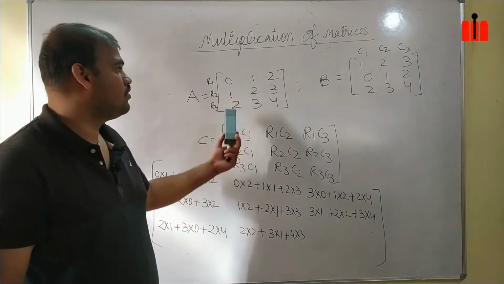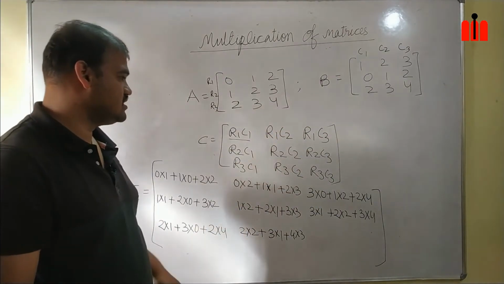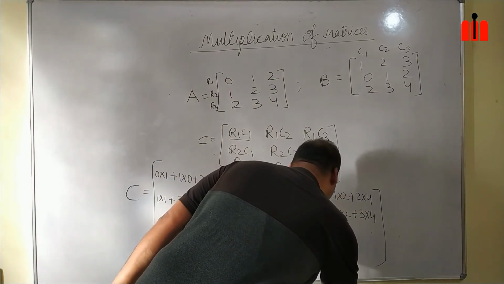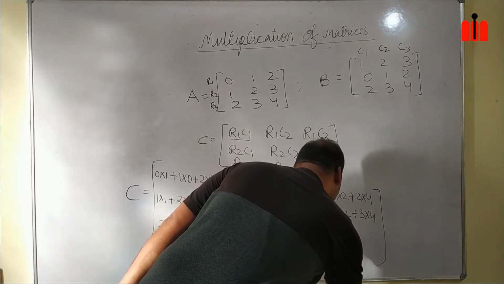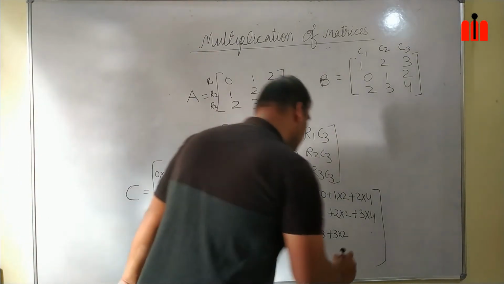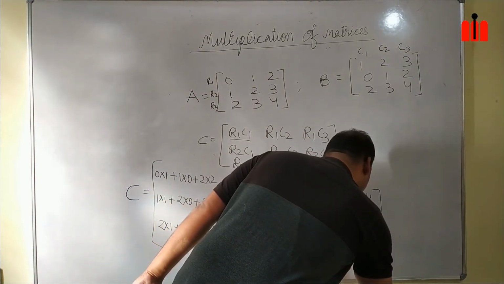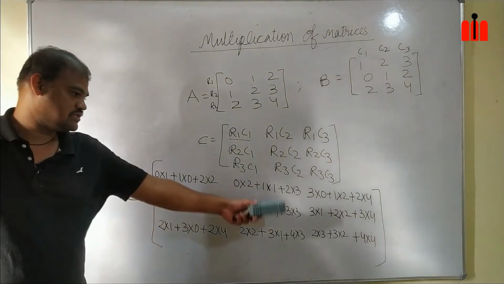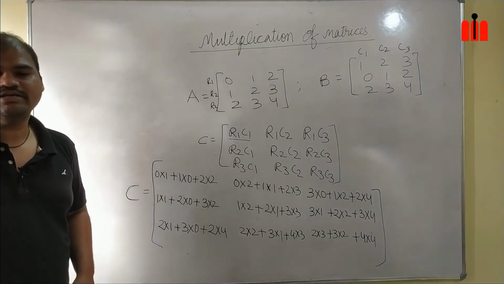Okay, now next R3 C3, 2 into 3 plus 3 into 2 plus 4 into 4. Okay, so this is what will be my C matrix.